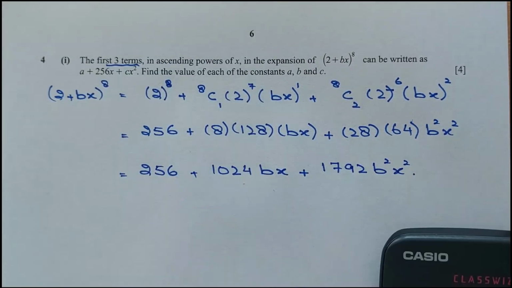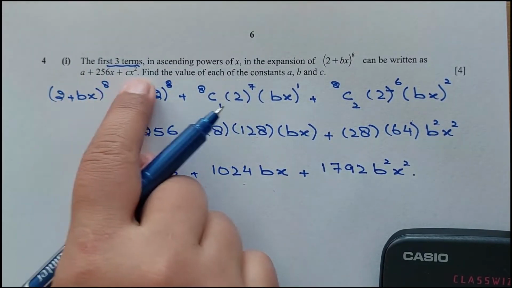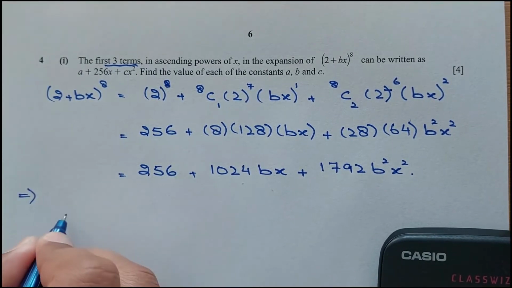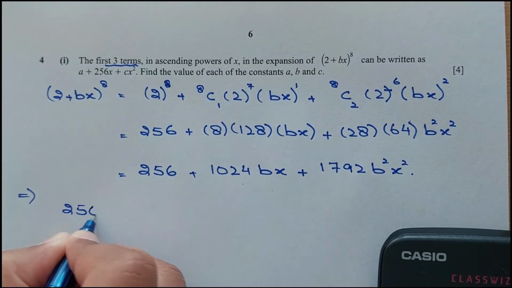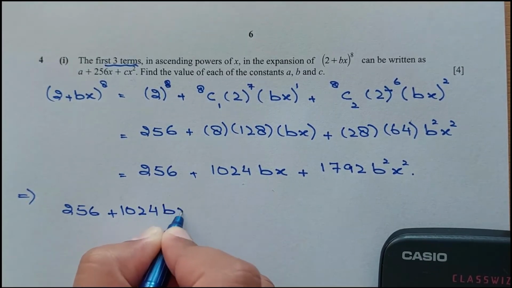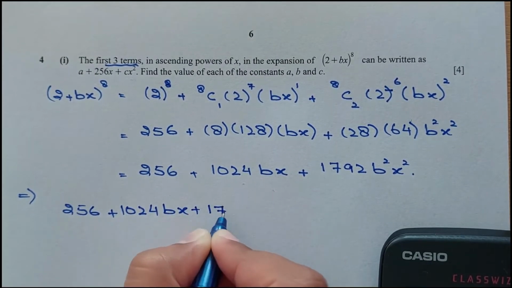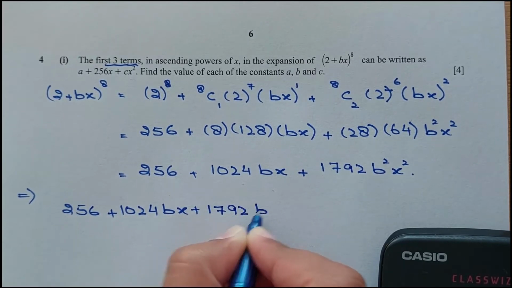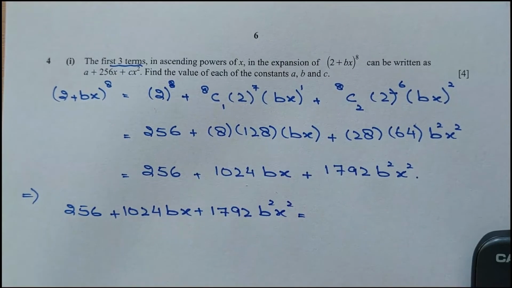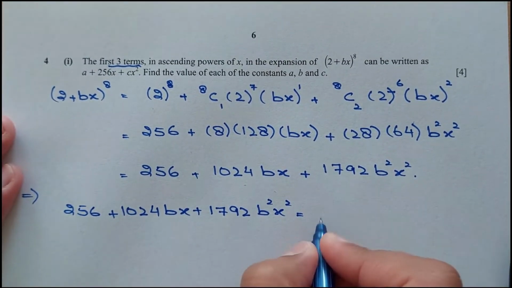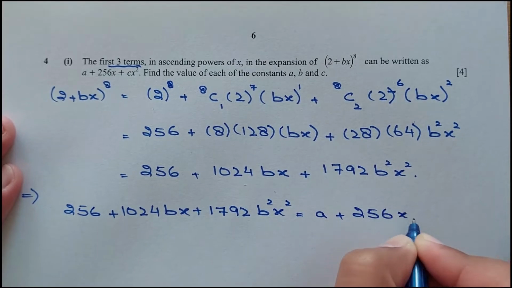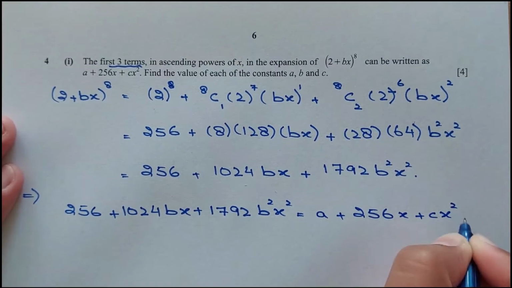So these are the first three terms and they can be written in this form. Let me compare it. They said 256 plus 1024 bx plus 1792 b square x square is equivalent to this form: a plus 256x plus cx square.